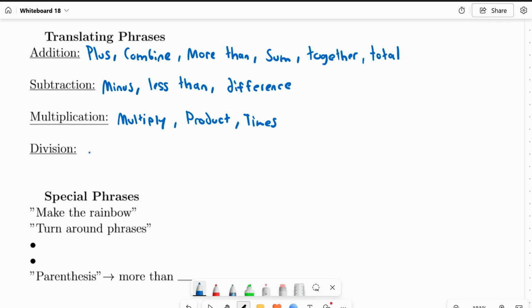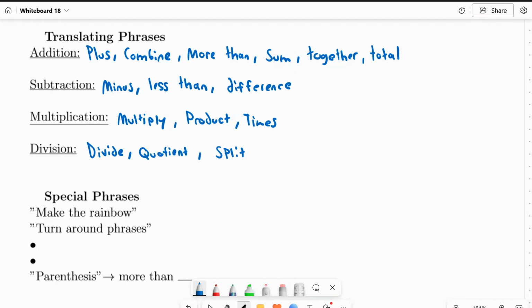And then for division, we are looking for terms like divide, quotient, or split. Okay, it's important to keep in mind that these are just a couple of examples of different terms that you will see. There are other terms and there are other operations that I did not include in this list. So we'll just kind of learn as we go here.